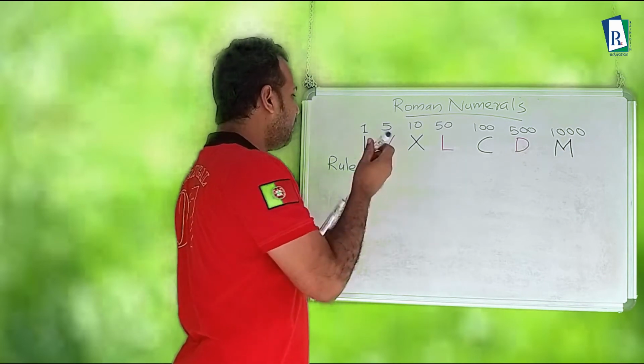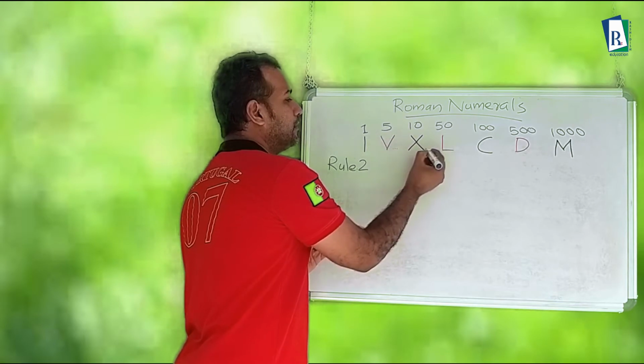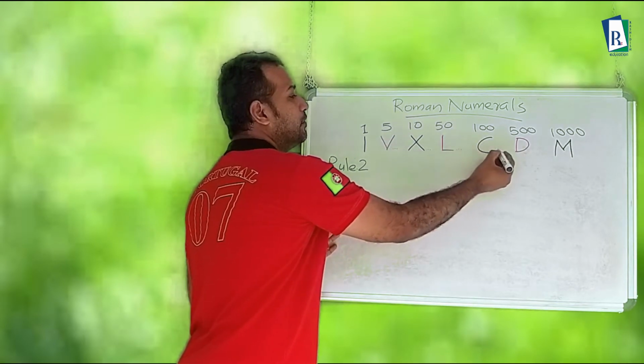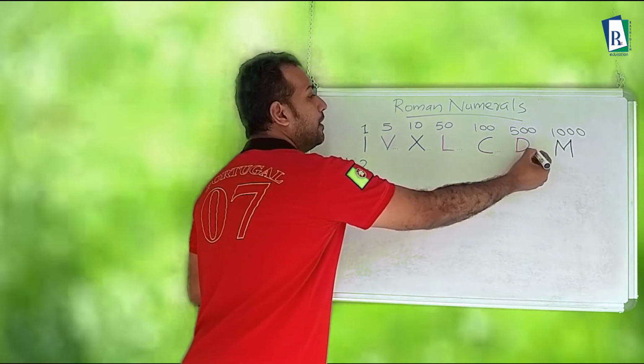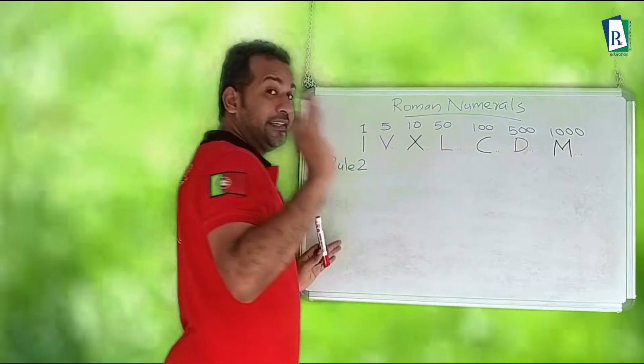That means you can write this one right side of the 5 maximum 3 times, right side of the 10 maximum 3 times, right side of the 50, 100, 500, and 1000, maximum 3 times.